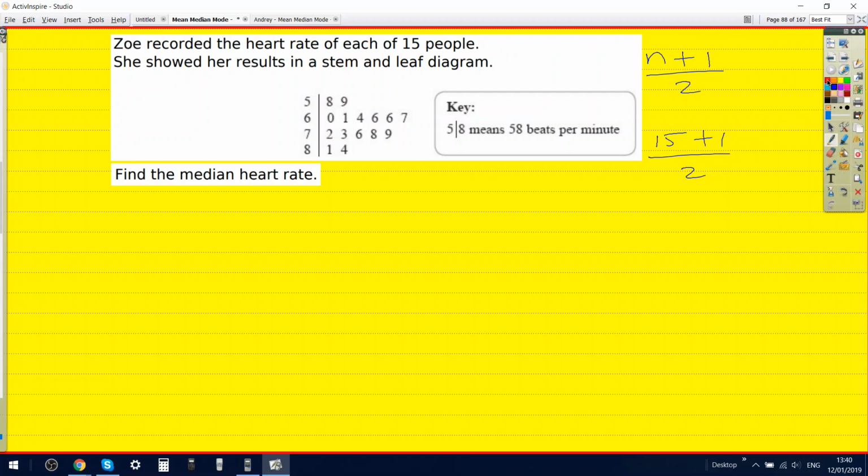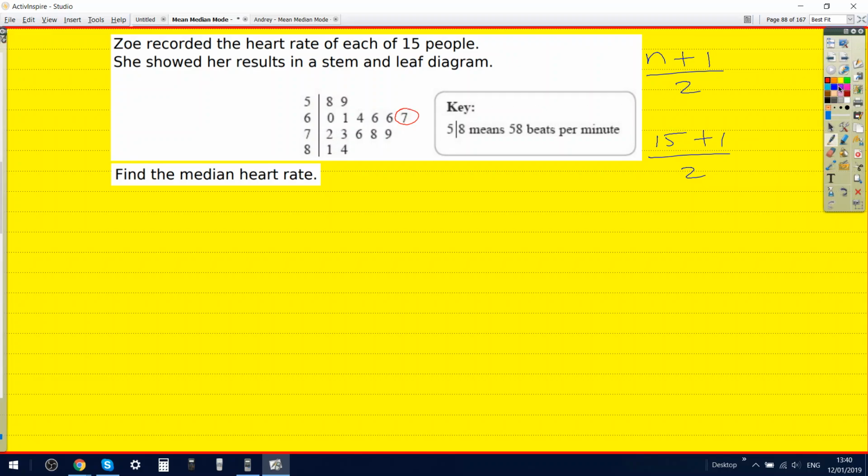What do you get? 16, 8. And so what do you do with that? So then you find the 8th number. 58, 59, so 67.